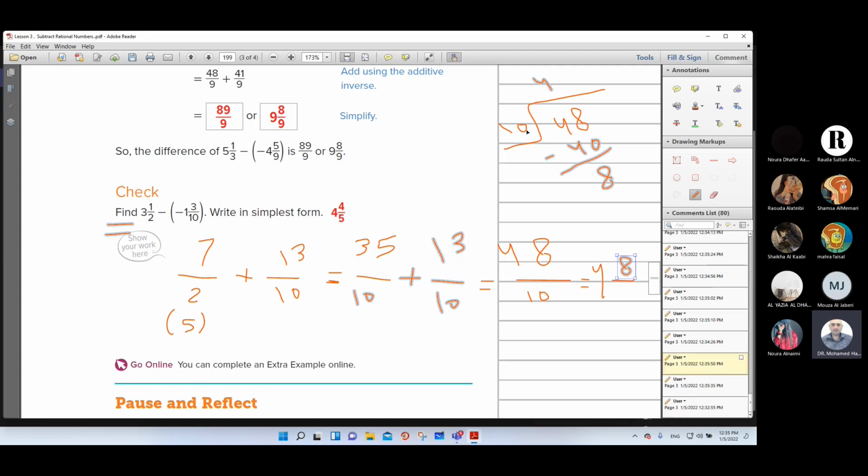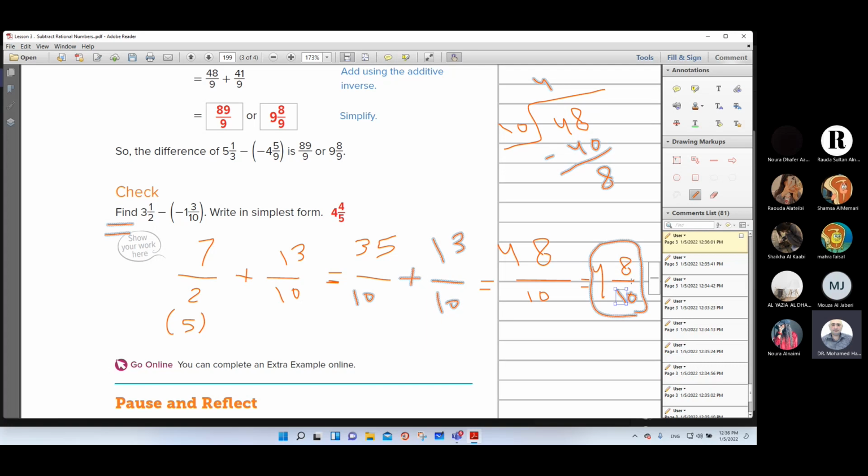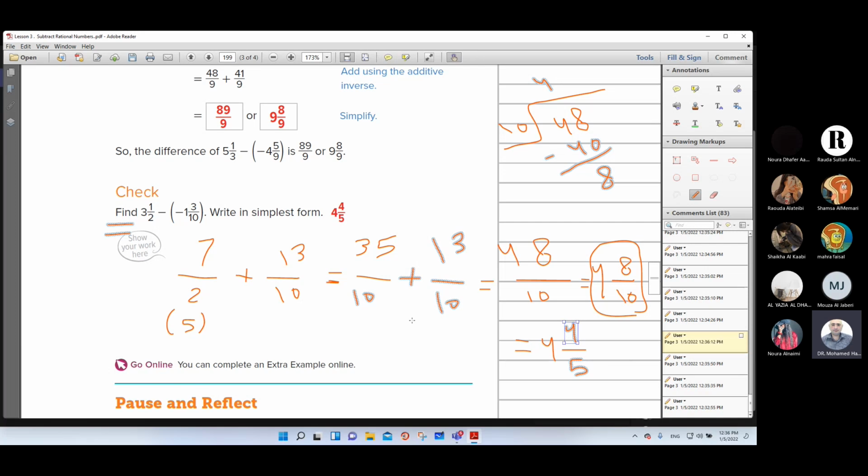Then take the divisor here, put it in the denominator. So the answer will be 4 and 8 over 10. You can do now simplest form for the fraction. So the answer here will be 4 and 8 divided by 2 will be 4 and 10 divided by 2 will be 5. So the answer will be 4 and 4 over 5.